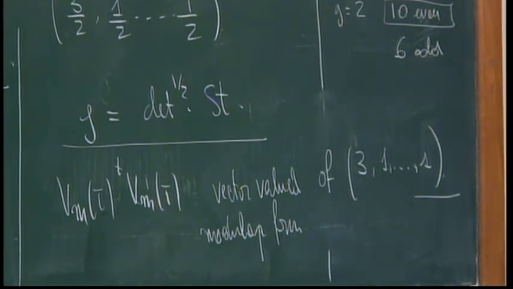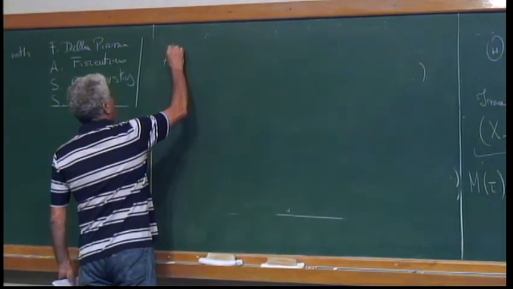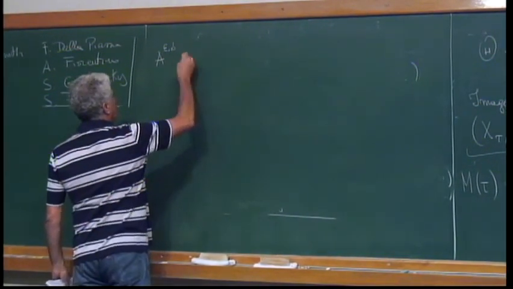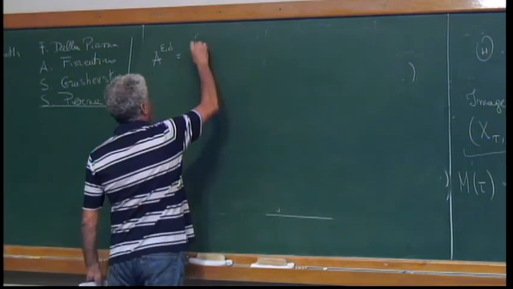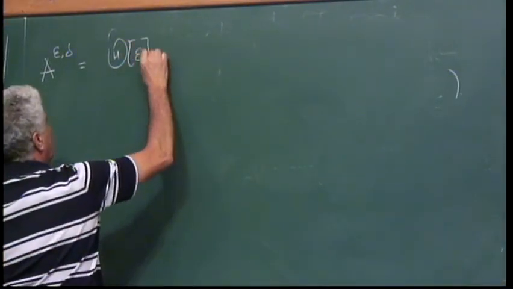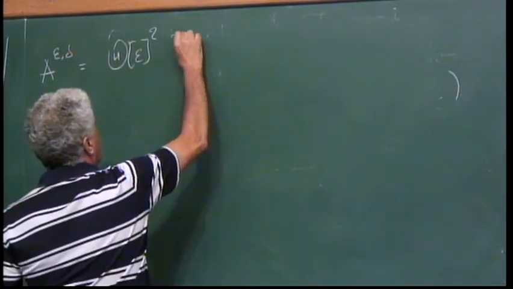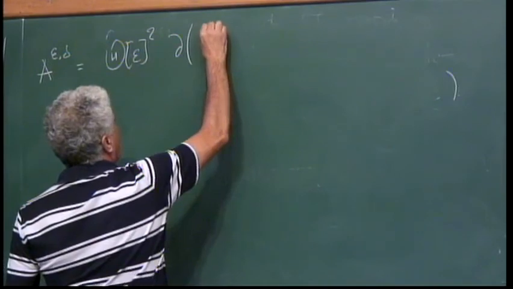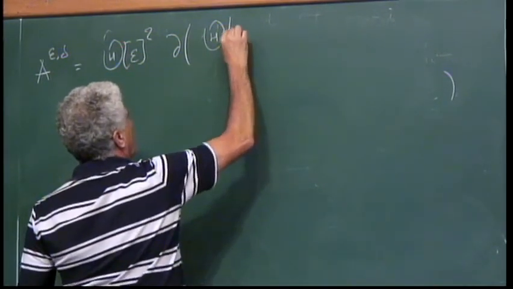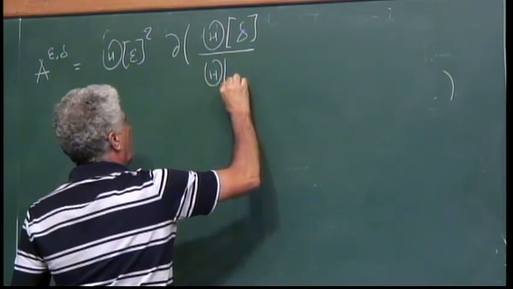Using the same notation, at the beginning I defined a matrix A. So I want to define A_{epsilon delta}, which is just equal to theta_epsilon squared times the d of theta_delta divided by theta_epsilon.